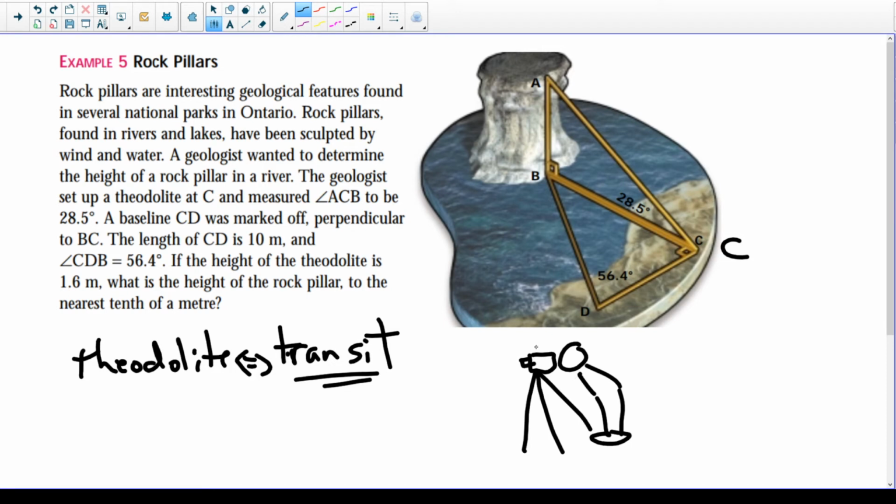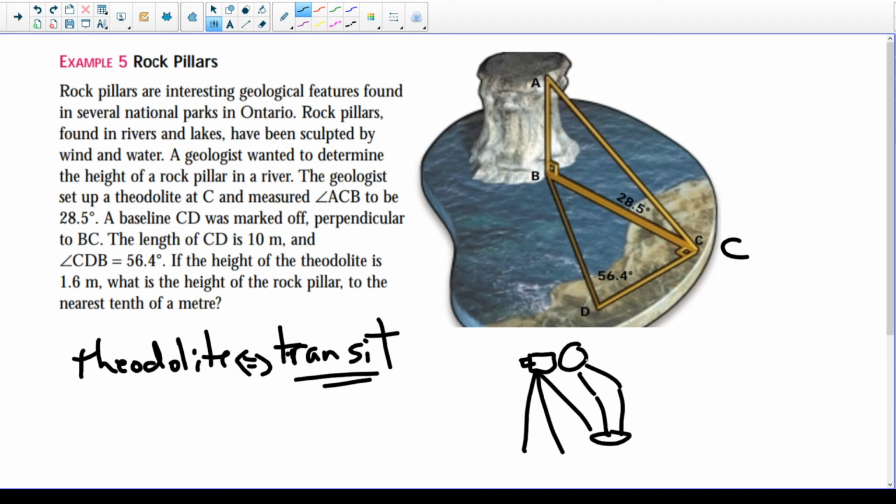That is a transit, and transits and theodolites are basically optical instruments that allow you to measure angles horizontally and vertically very, very precisely. In civil engineering, when you're working on a road, you often have to know the angles involved with the bank of the road and stuff like that, so they'll use those kinds of instruments to help. I'm not exactly sure where else or why else they need them, but that's basically what a theodolite is.